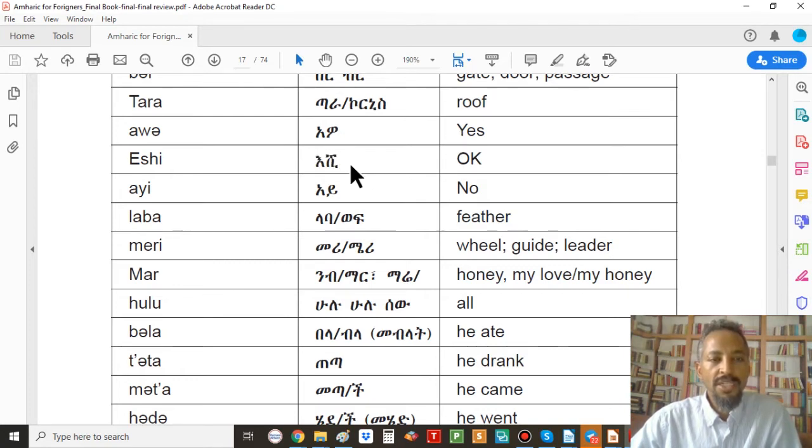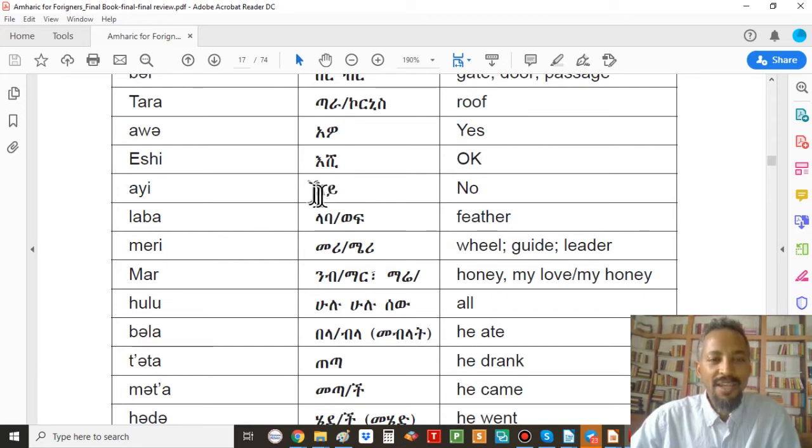Eshi is a word we use several times a day, like thank you and please in English. We use eshi in our greetings and in our conversations a lot of times. It's the same as okay in English. We just say okay, okay, a thousand times.